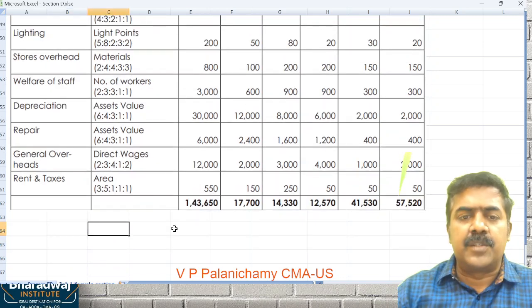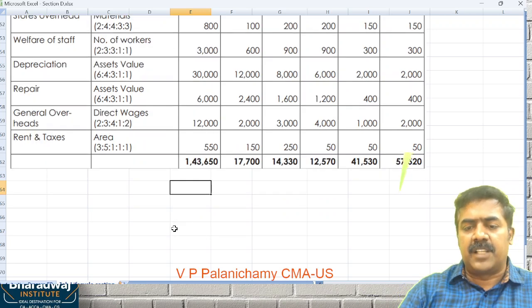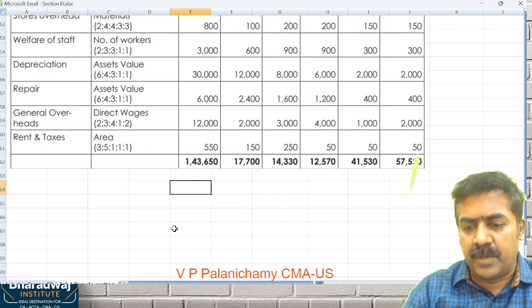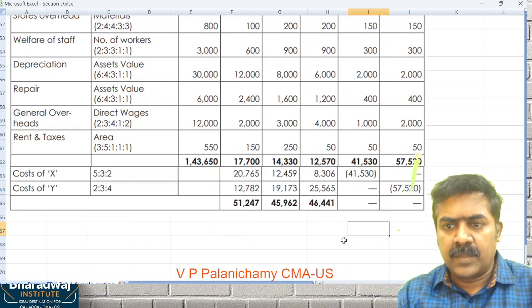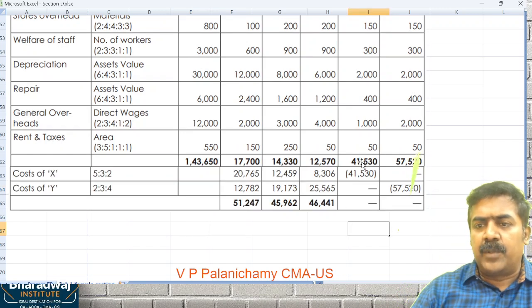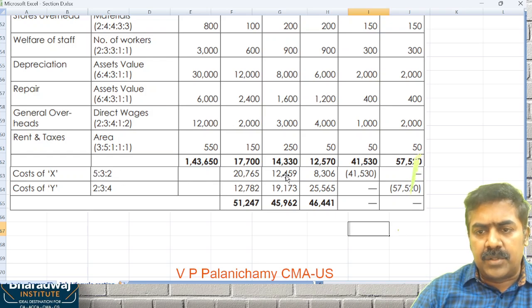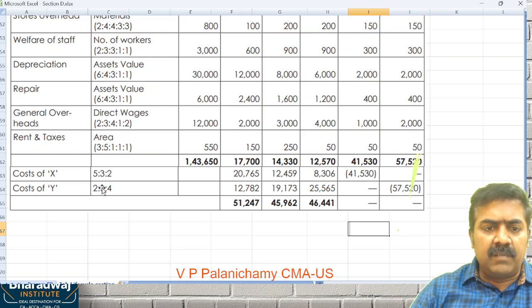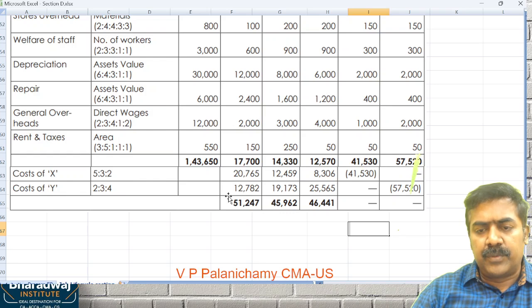So what is secondary distribution? Reallocating service department expenses to which department? Production department. So expense of X 41,530 we allocated in 5:3:2. Expenses of Y we allocate in 2:3:4 ratio.